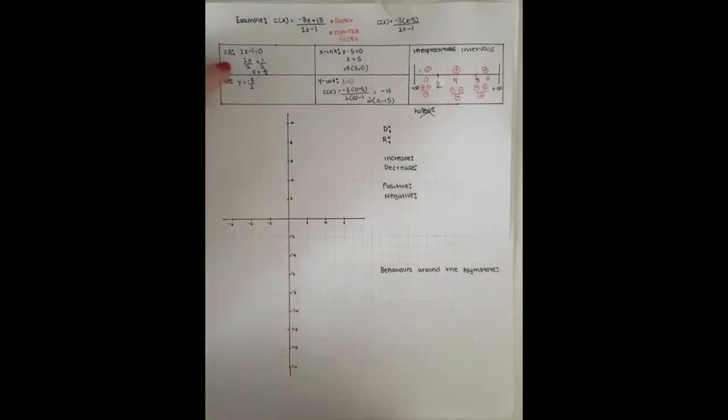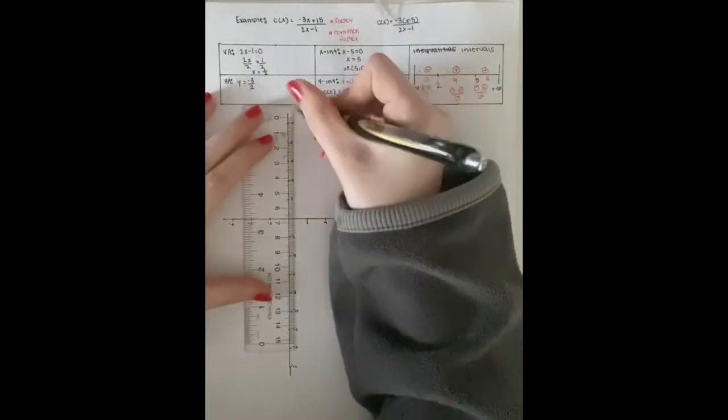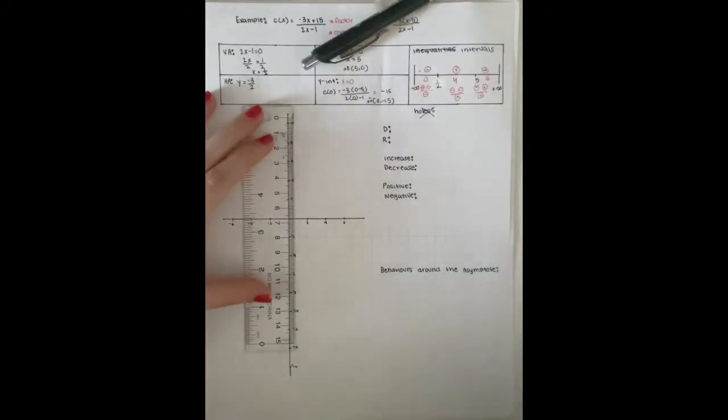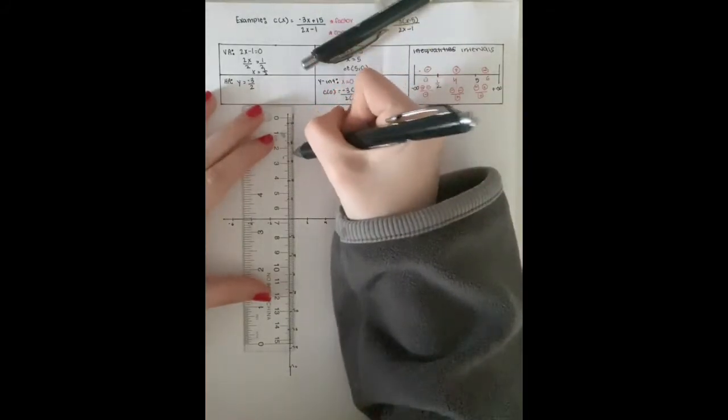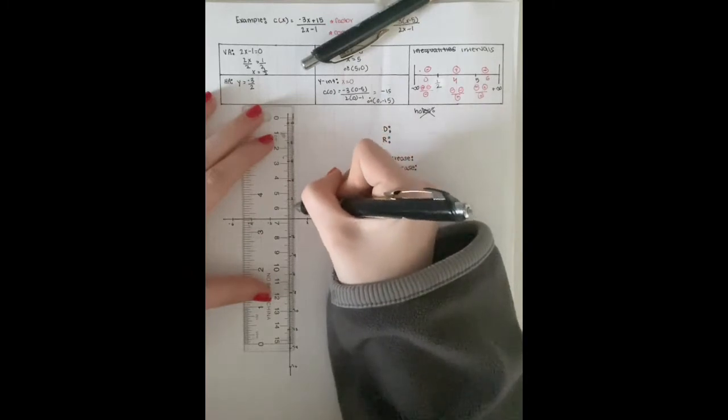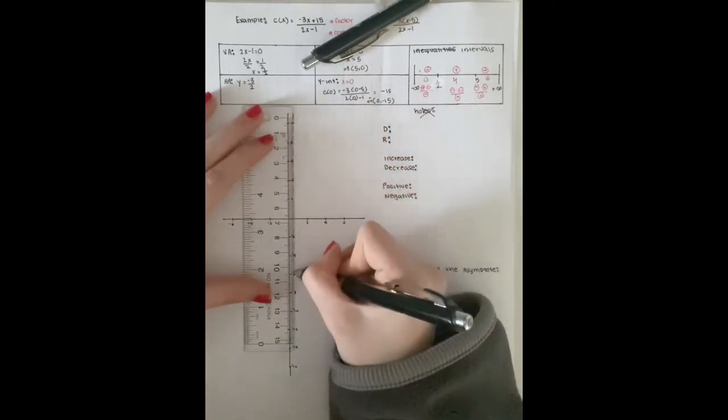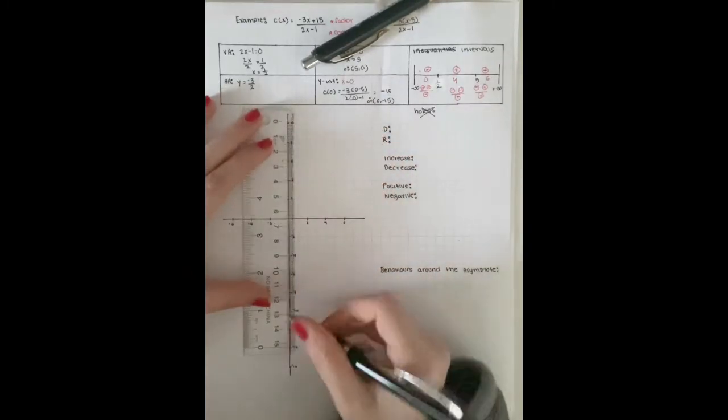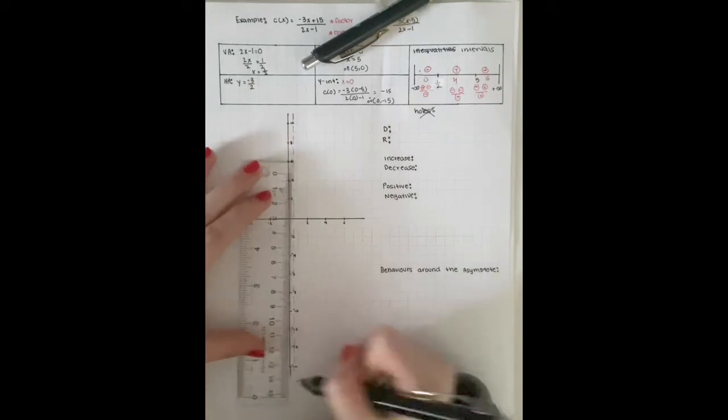Now that we have our characteristics, we are ready to graph. So we're going to start with our vertical asymptote, and that's at a half. And we represent our asymptotes with a dotted line. Use a different color. Don't forget to label.